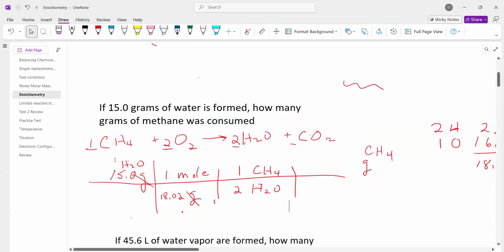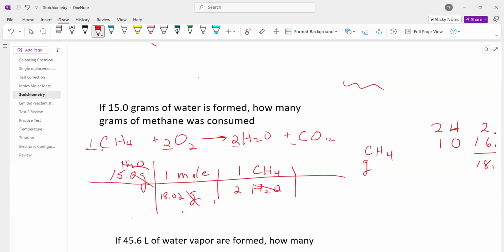If you go on YouTube and look at some tutorials on this, it'll be exactly the same, except some people put 1 mole and 2 moles here on the ratio of the coefficients, and some people don't. I don't. But if you're reading a tutorial, you might see that. There's no other change though. Everything cancels out just the way it's supposed to.